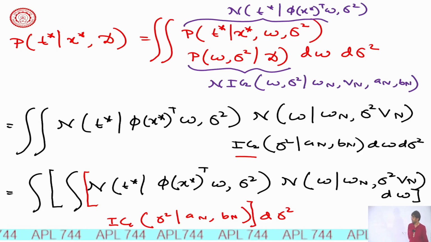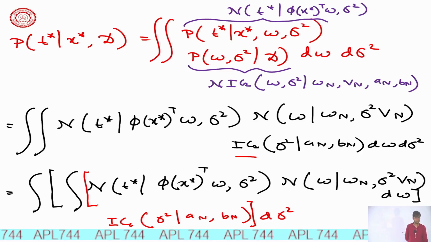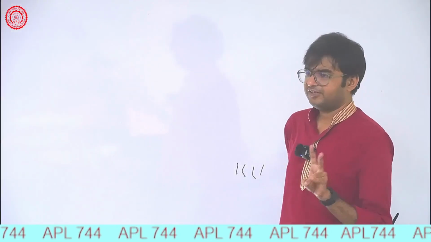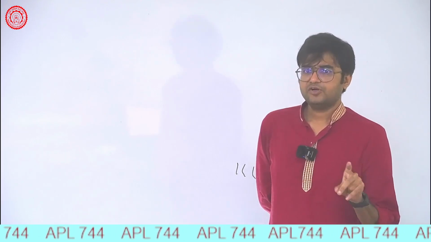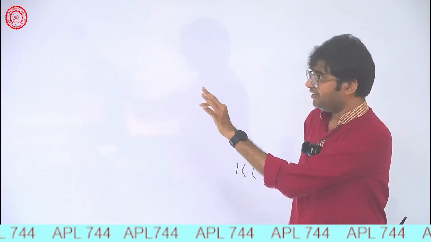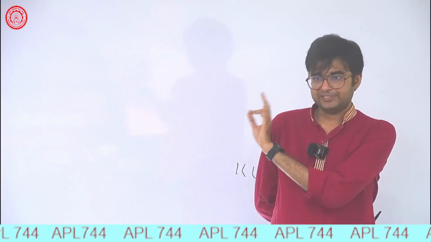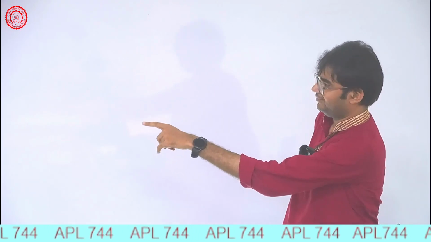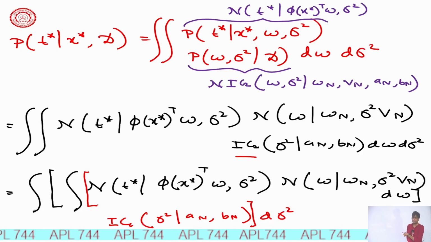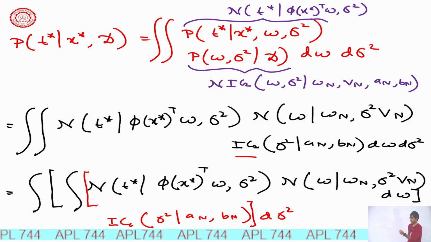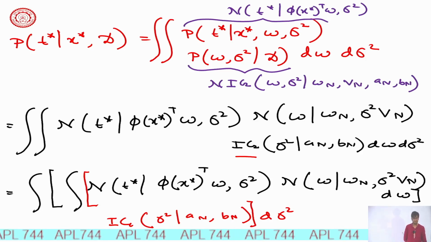Look into this expression carefully and let me know if it is clear or not. It's not difficult. There are two integrations, one over W, one over sigma square. Inverse gamma does not have any W, so that will only appear when I integrate over sigma square, so that is outside the bracket. Everything else should be inside both integrals, so that is the inner integral, correct?